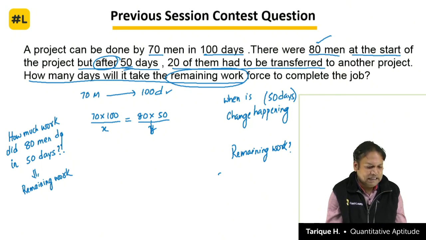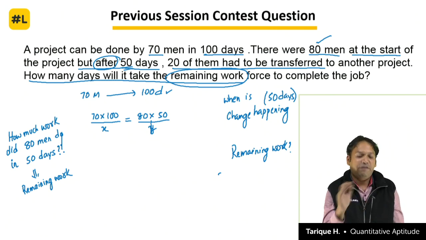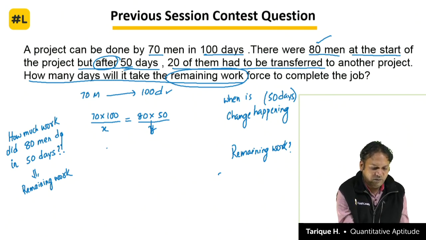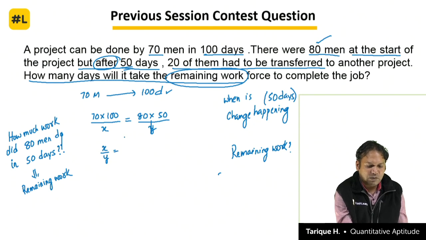So in 100 days 70 men can do X amount of work. Same work in 50 days will do Y amount of work. So what we need here is a ratio of X by Y. You see, X by Y, so X by Y is equal to 70 into 100 by 80 into 50.